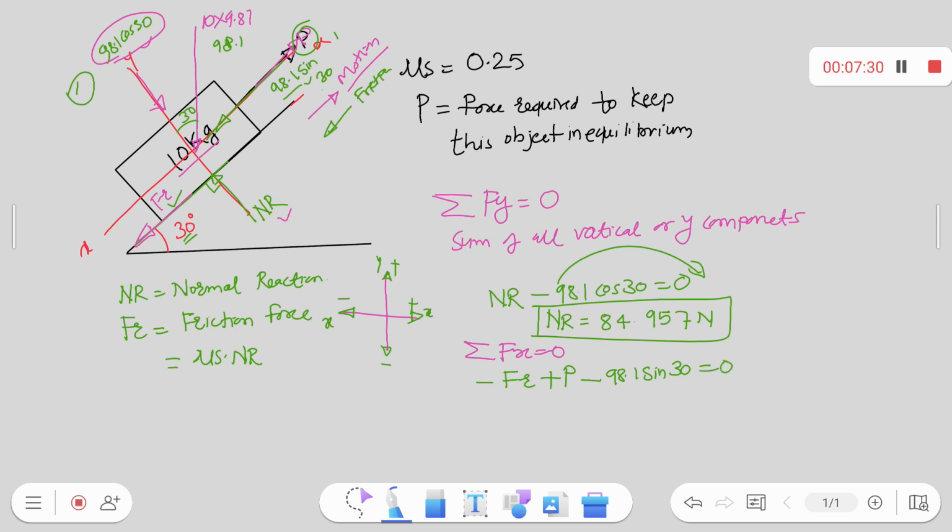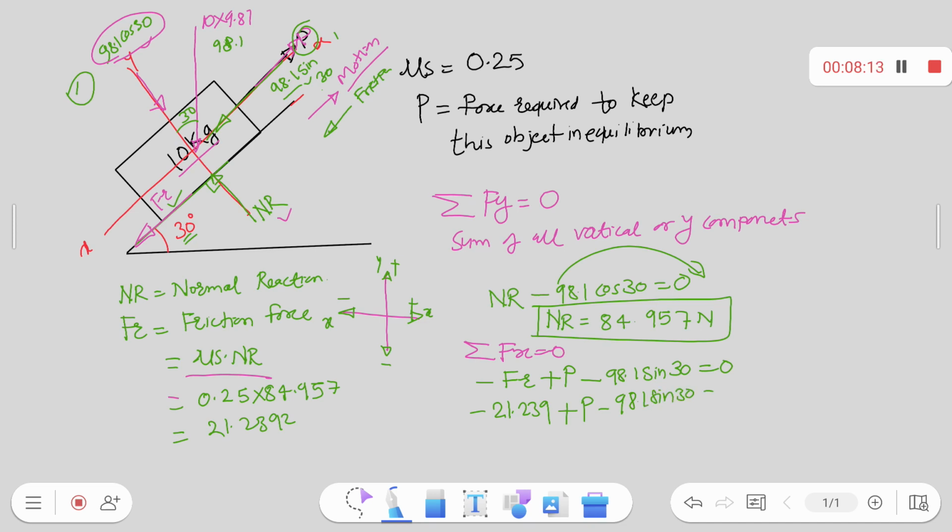Friction force, I know the formula, so I put in the value. The coefficient of friction is 0.25, and NR I got in the first step, 84.957. So the friction force is 0.25 into 84.957, which is 21.239. Take at least three digits after the decimal. So the equation is minus 21.239 plus P minus 98.1 sin 30 equals 0.